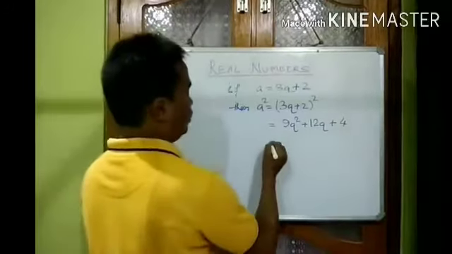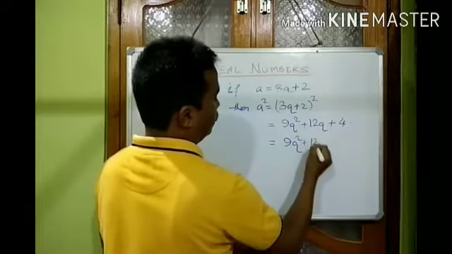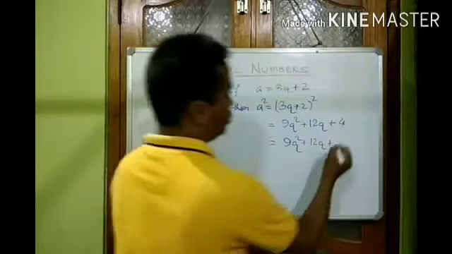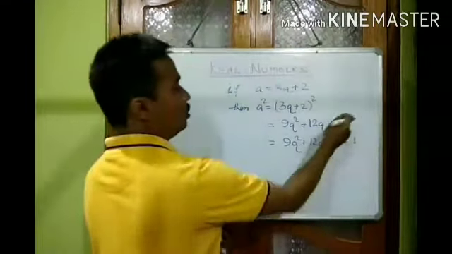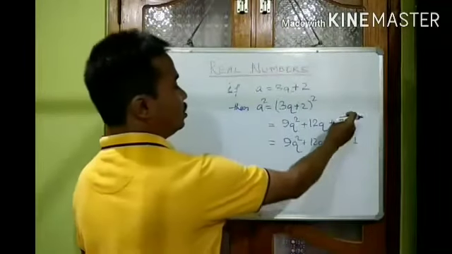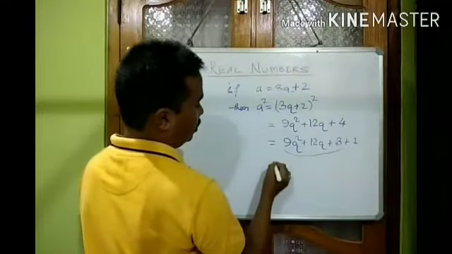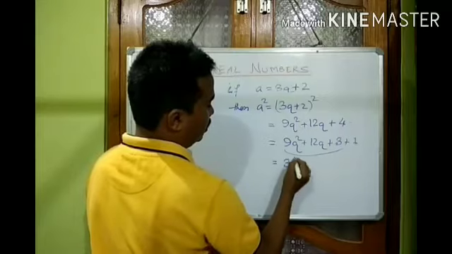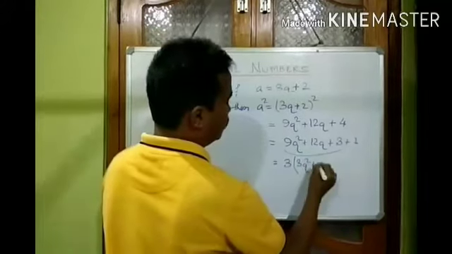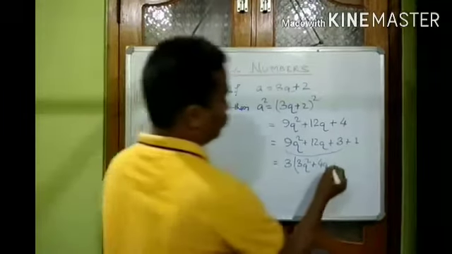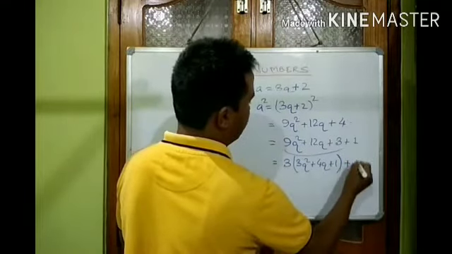So this can be written as 9q square plus 12q plus 4, which can be written as 3 times something plus 1. We take out a multiple of 3 from this. Now we take common 3 from here, then we get 3 times 3q square plus 4q plus 1, and this 1 is outside.